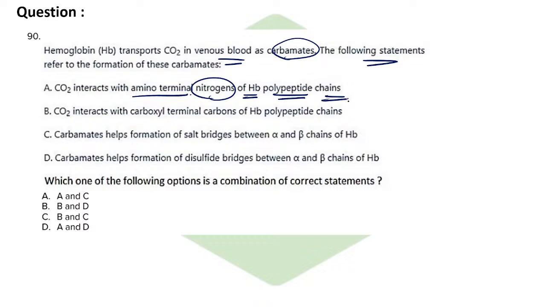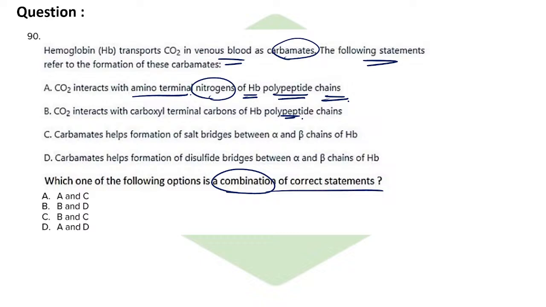Second option: CO2 interacts with the carboxyl terminal carbons of the hemoglobin polypeptide chain. Third: carbamates help in the formation of salt bridges between alpha and beta chains of the hemoglobin. And fourth: carbamates help in the formation of disulfide bridges between the alpha and the beta chains of the hemoglobin. Which of the following is a correct combination of the statements?